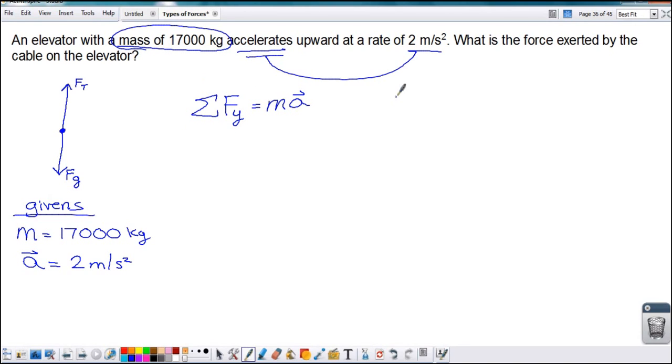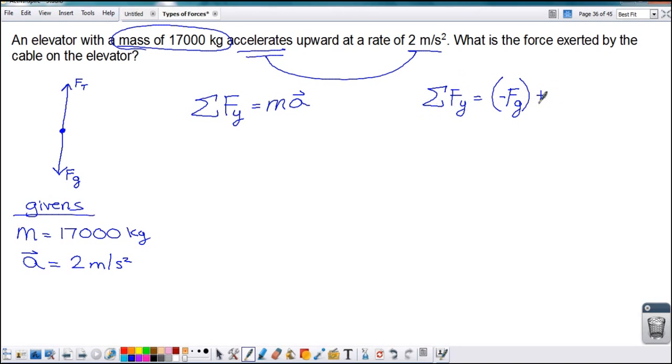Something else that we know is that the net force means you take all the forces and you add them up. Well, let's go ahead and do that as well. We'll make that equation. There's a gravitational force acting in the downward direction, so I'm going to make that negative, as we say that downward is the negative direction.